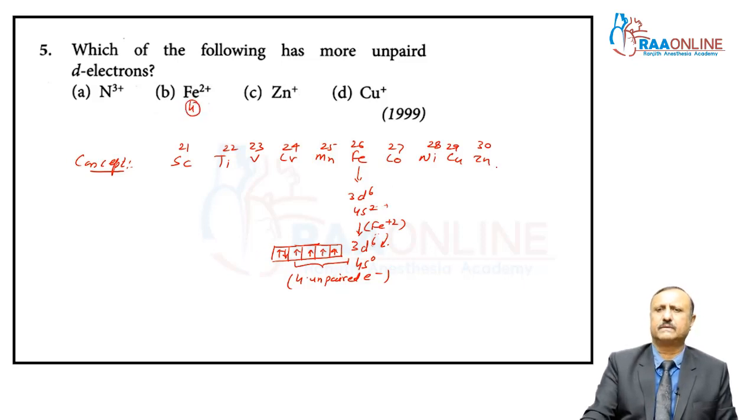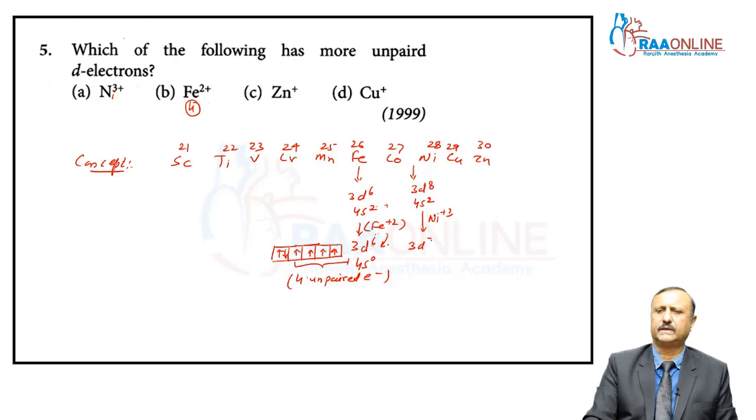Now we can see zinc, my dear students, and copper is also present here, copper and nickel. I hope this is nickel, because all are transition elements. In nickel, the electronic configuration is 3d8 and 4s2, and when this nickel is converted to Ni plus 3, 3 electrons are removed.